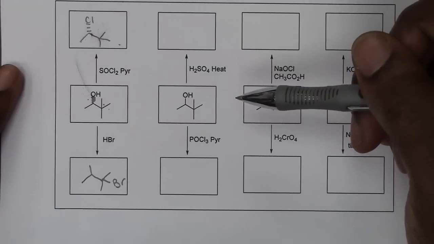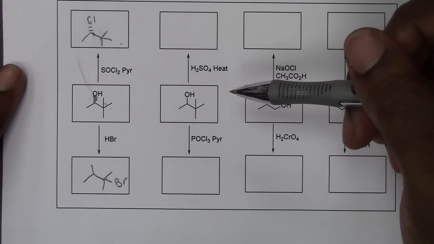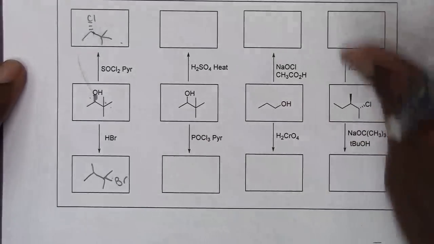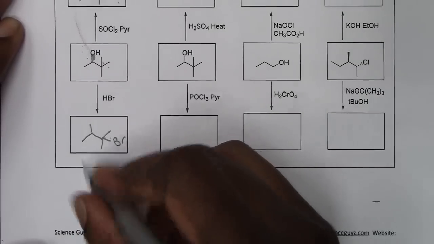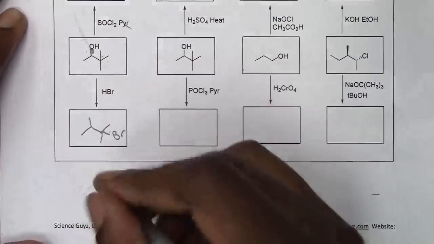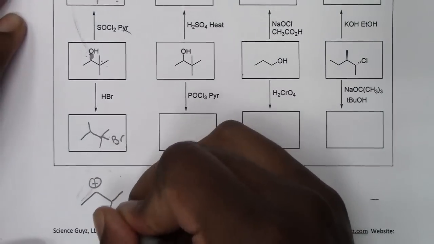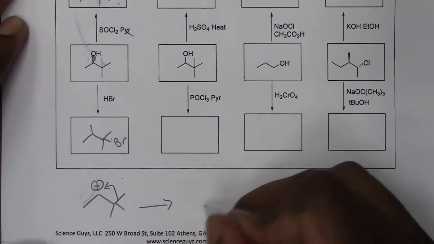Other questions? Could you possibly draw arrows for how you got to this? Yeah. I'll do the shorthand version. So I think everybody knows that we'll protonate the alcohol, turning it into water. Water will leave, and you'll end up with this, right? You'll end up with a methyl shift.